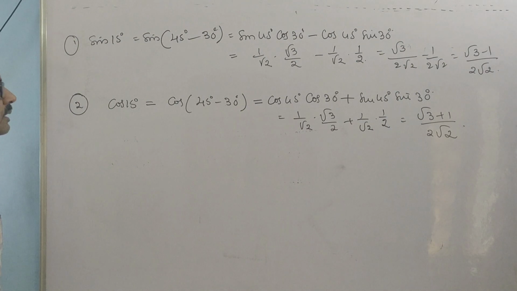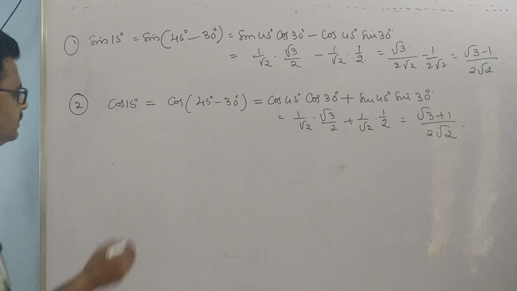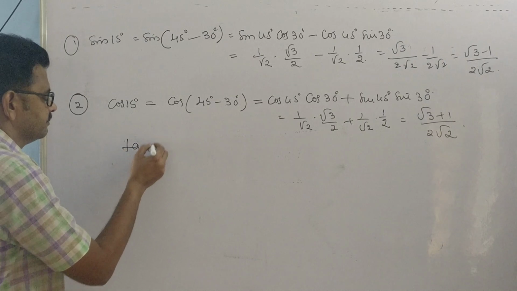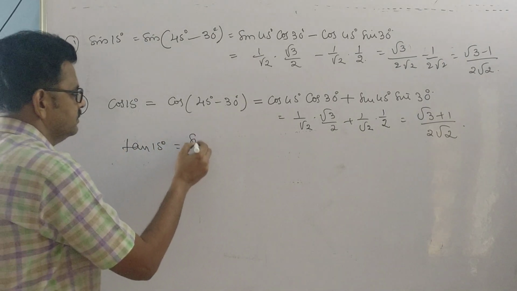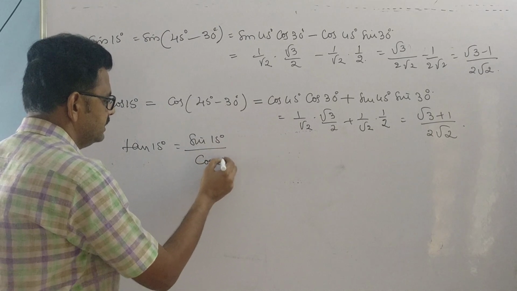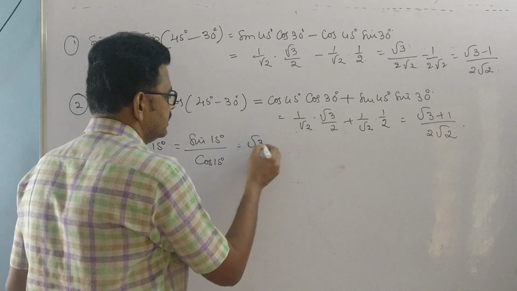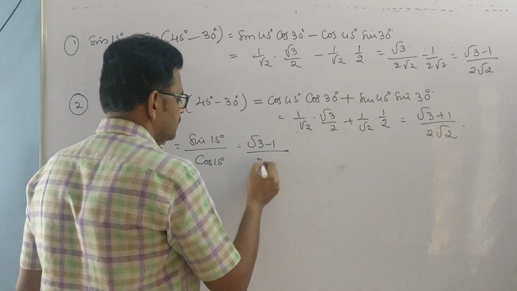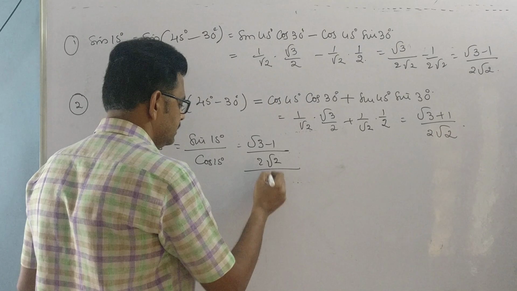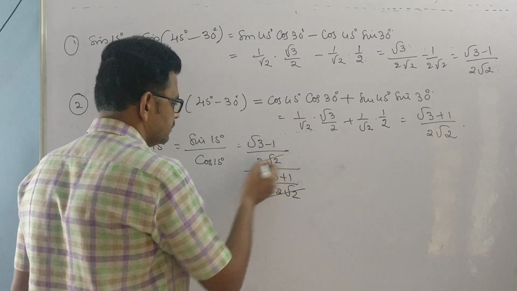Sin 15 degrees and cos 15 degrees. Okay. From this we are getting automatically tan 15 degrees. How to find tan 15? Tan 15 degrees is equal to sin 15 degrees by cos 15 degrees. That is equal to root 3 minus 1 by 2 root 2 divided by root 3 plus 1 by 2 root 2.